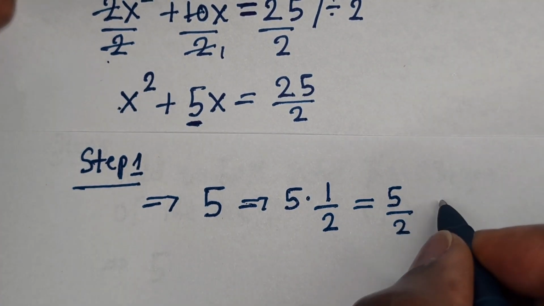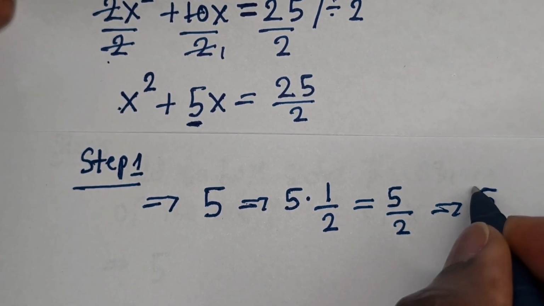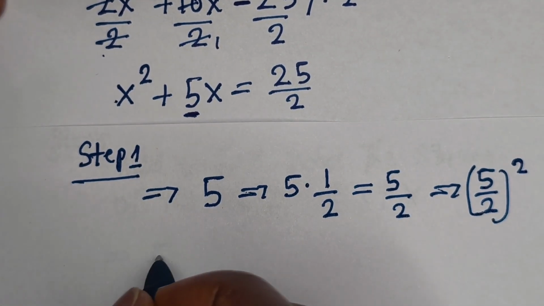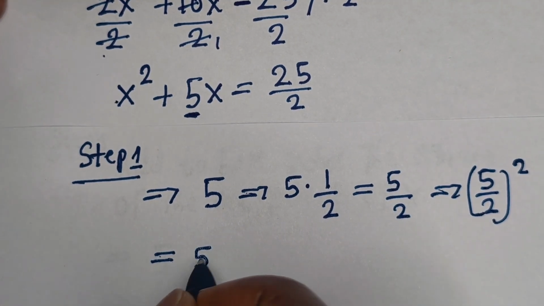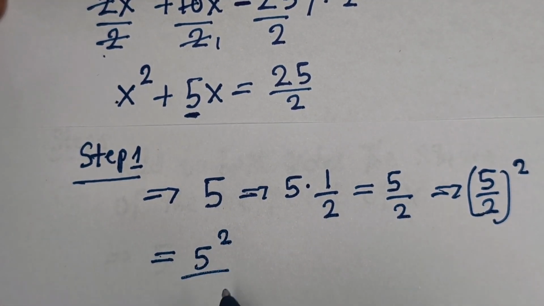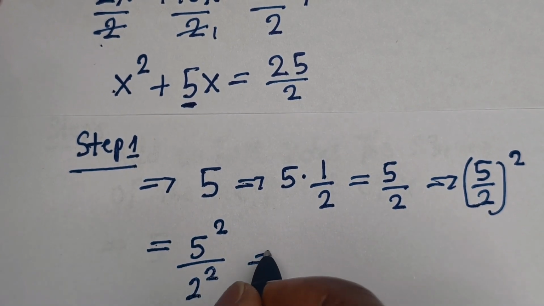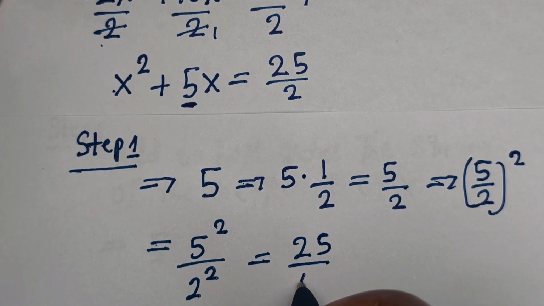Now the square is 5 over 2 squared. And this is equal to 5 squared over 2 squared. This is equal to 25 over 4.